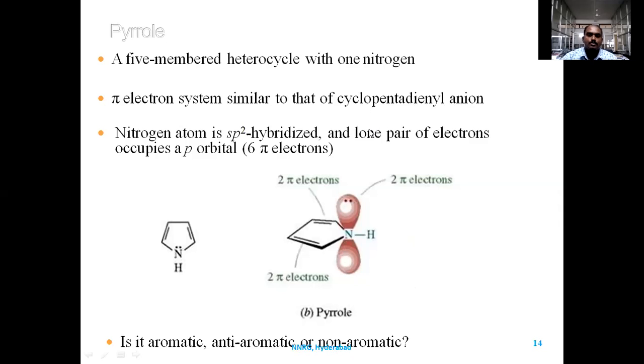When you see here, nitrogen is undergoing sp2 hybridization, and the nitrogen lone pair of electrons is contributed to the pi system, because pyrrole has only 4 carbons. 4 carbons contribute 1 pi electron each, so those 4 electrons form 2 double bonds, and the nitrogen lone pair is involved in delocalization, so it completely forms 6 pi electrons. 6 pi electrons will be present in the pi system of pyrrole. So pyrrole is aromatic in nature.